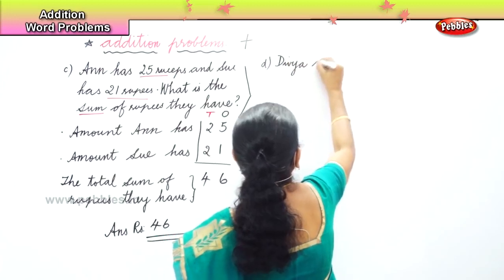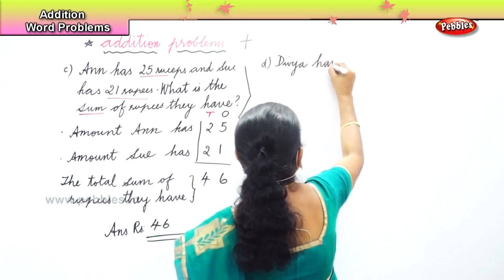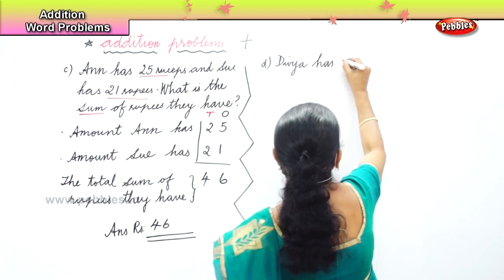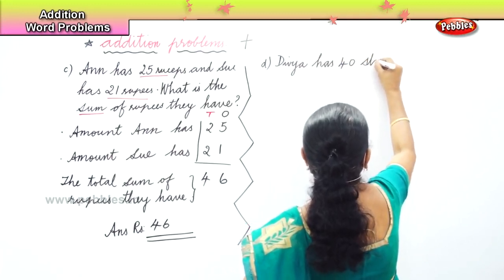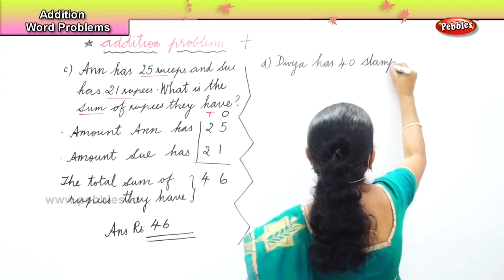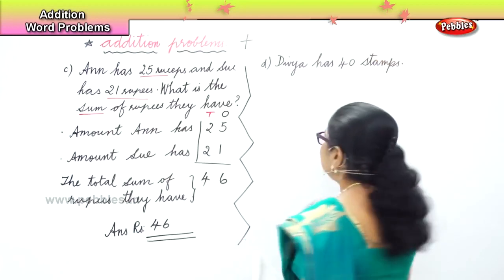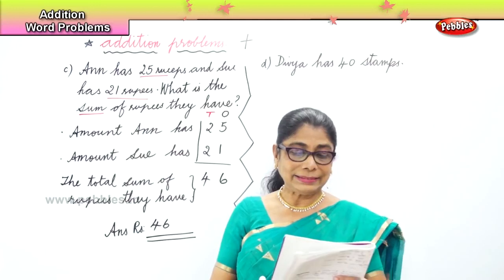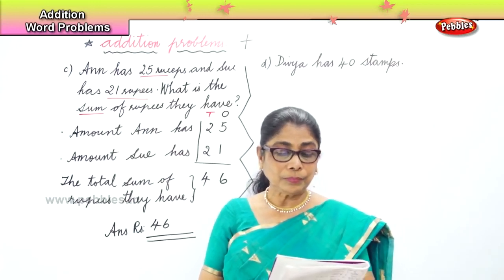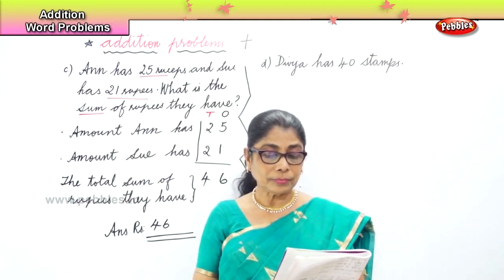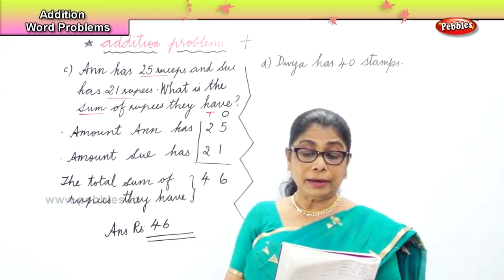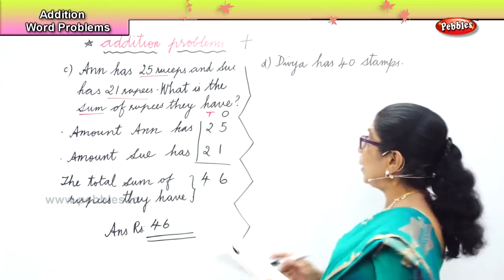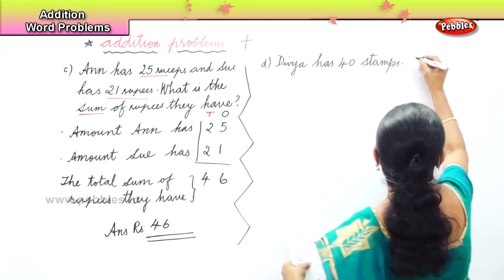Divya has, what does she have? She has 40 stamps. Divya has 40 stamps, and then what else? And then her father gave her another 21 stamps.